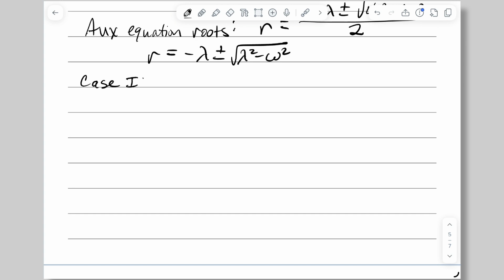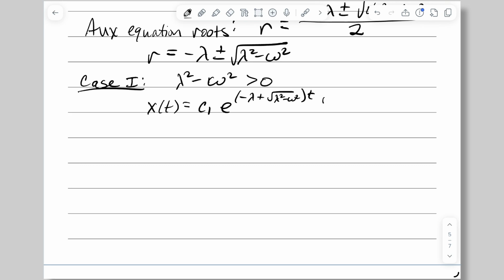Case 1. This is when lambda squared minus omega squared is positive. And then the equation of motion is x of t is equal to c1 e to the negative lambda plus the square root of lambda squared minus omega squared, t, plus c2 e to the negative lambda minus the square root of lambda squared minus omega squared, t.